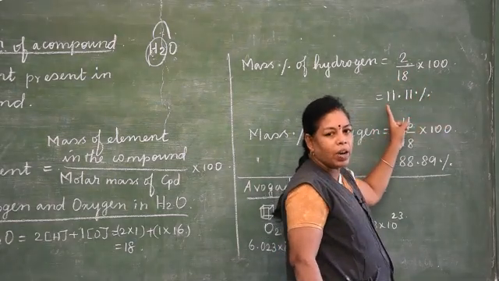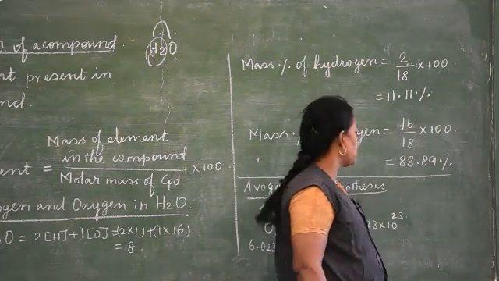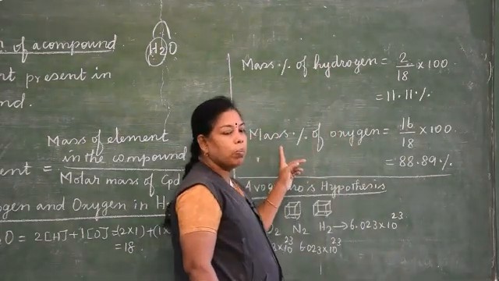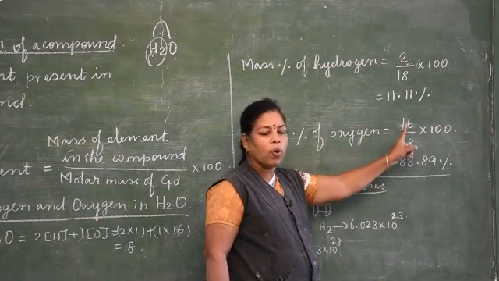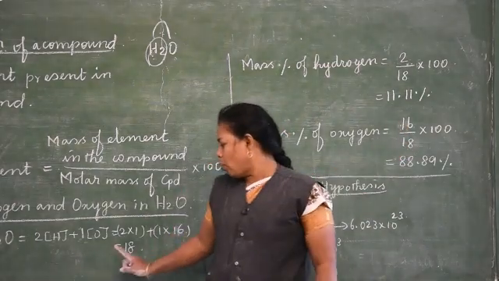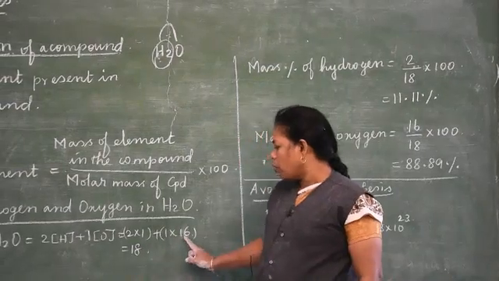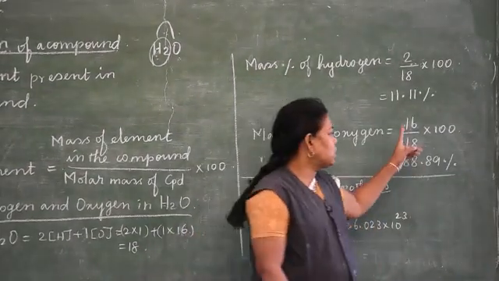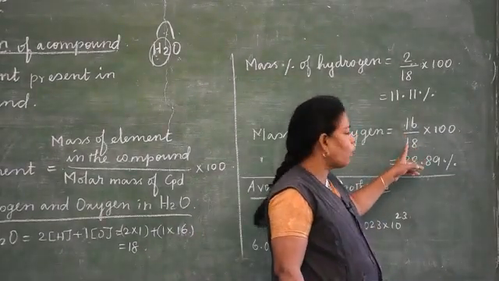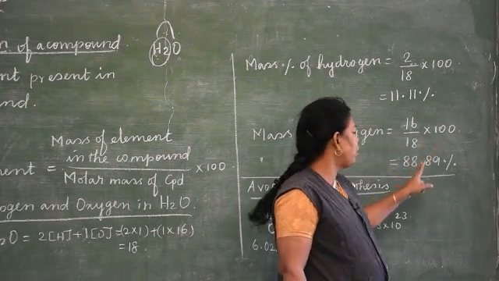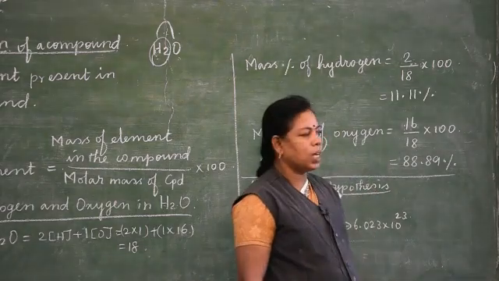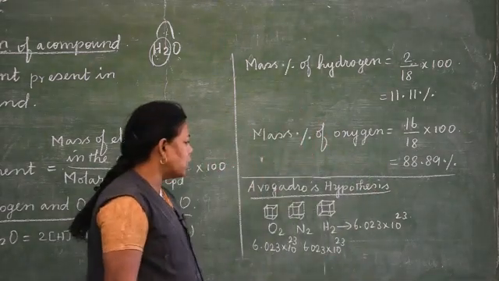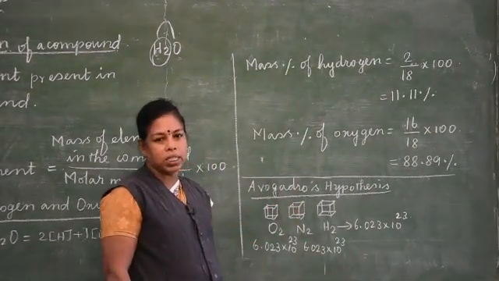We obtain 11.11%. Then the mass percentage of oxygen: the mass of oxygen present in the compound is 16 gram, so 16 divided by the molar mass of water, 18, into 100 gives 88.89%.